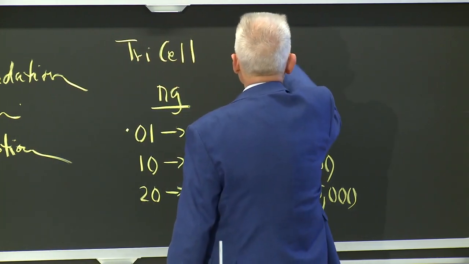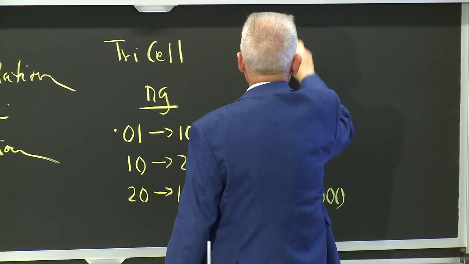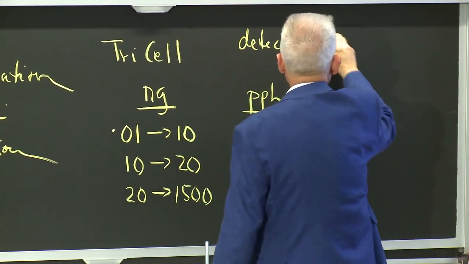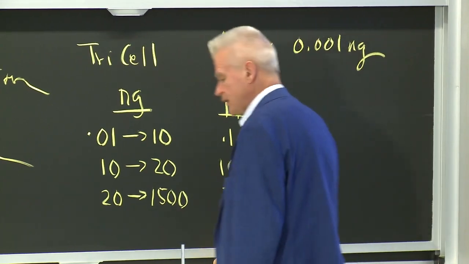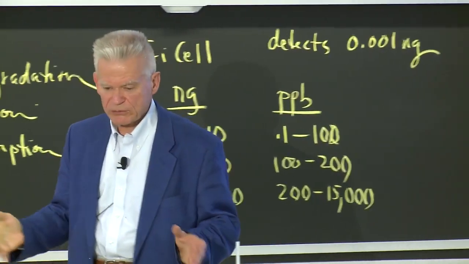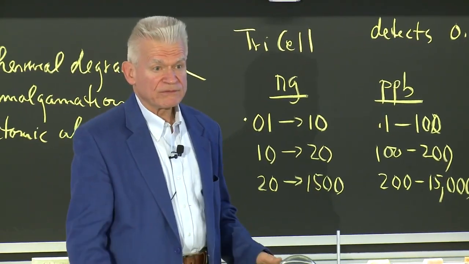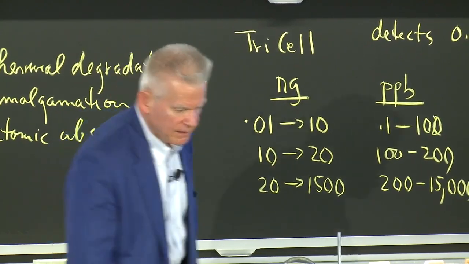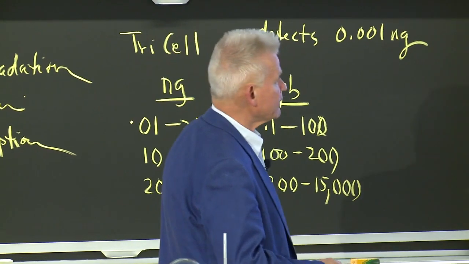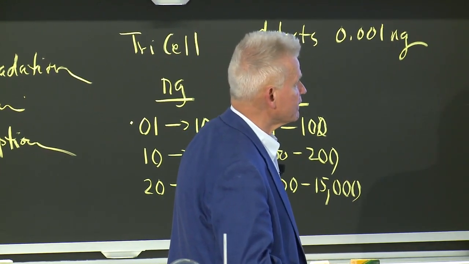So it detects down to 0.001 nanogram. You're talking almost a part per trillion there with this machine. So it's really a fantastic machine. So let's actually see how this machine works.